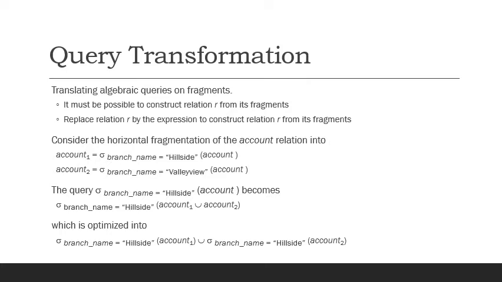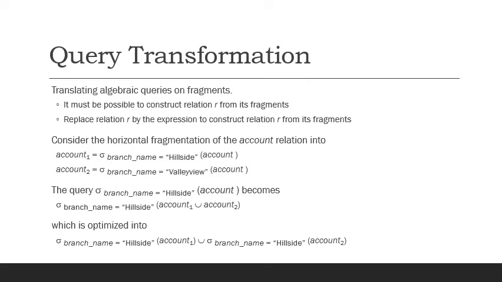When translating algebraic queries on fragments, it must be possible to construct relation R from its fragments and replace relation R by the expression to construct relation R from its fragments. Consider the horizontal fragmentation of the account relation into account 1 as selection where branch name is equal to Hillside from account, and account 2 as selection where branch name is equal to Valleyview from account.